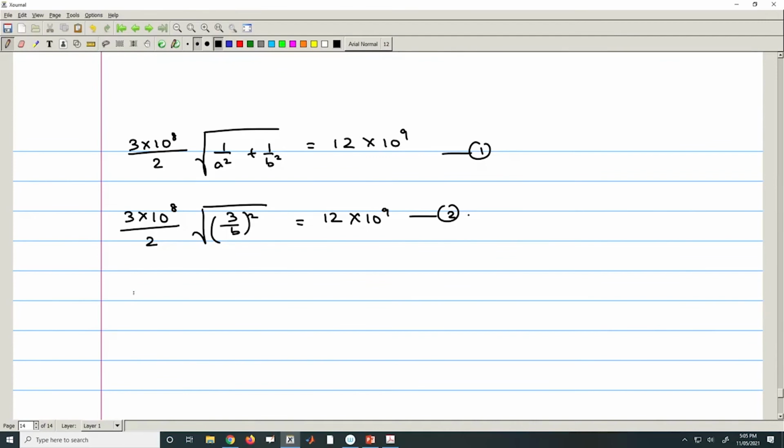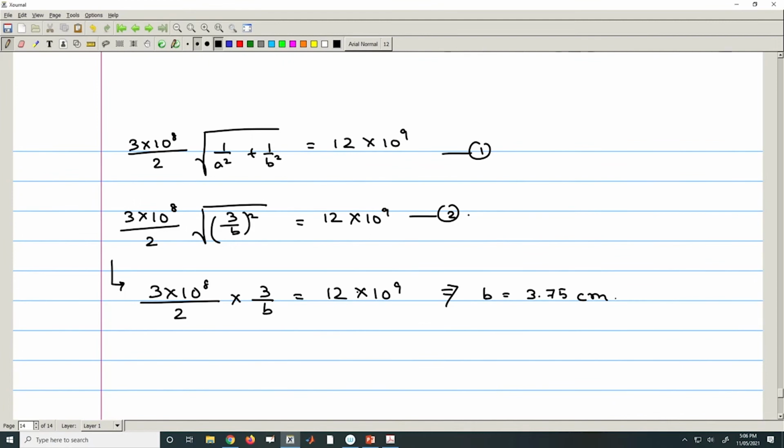So, from equation 2 we can write, and then we can have b as 3.75 centimeter. Okay.